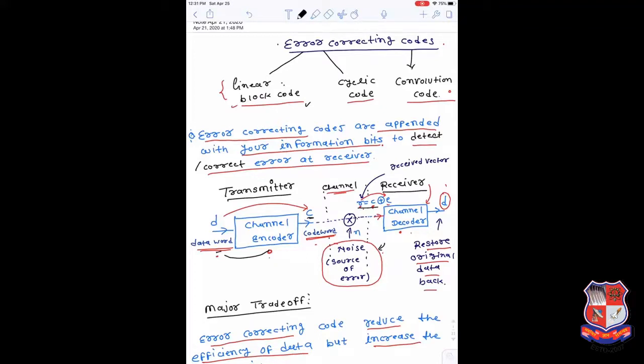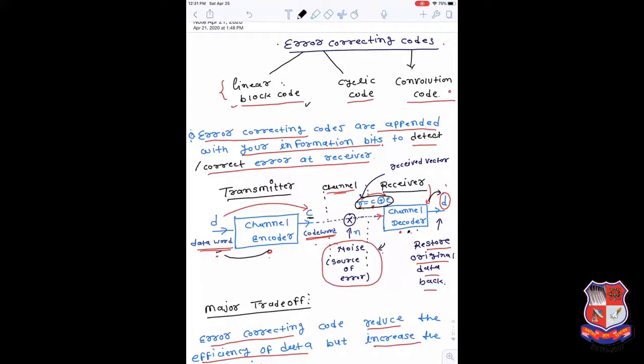So the received vector R is not exactly identical to C. It is affected by some error, and a few bits are going to change. That is the duty of the channel decoder: to identify the bits in error, and then recover the original code word or data word.